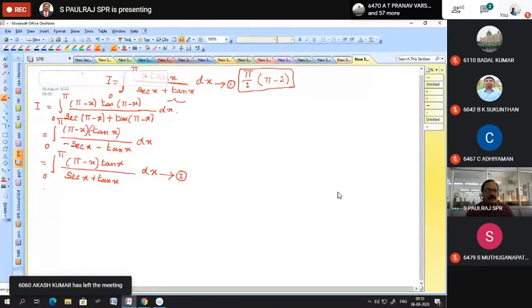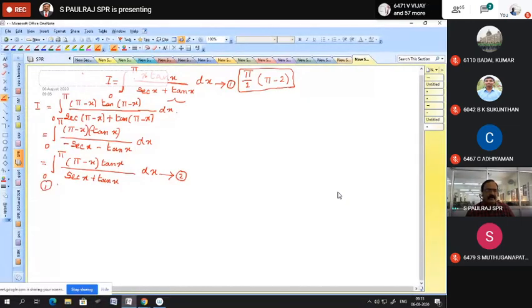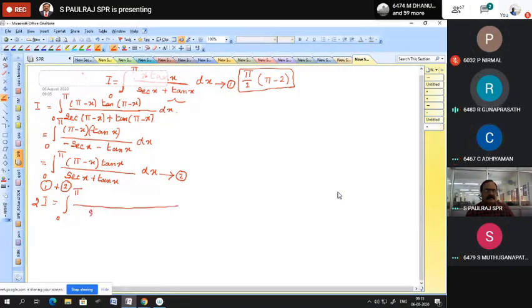Equation number 2. Now I'm adding equation number 1 and 2. So 2I is equal to, you can write in one step. Both the denominators are same only.